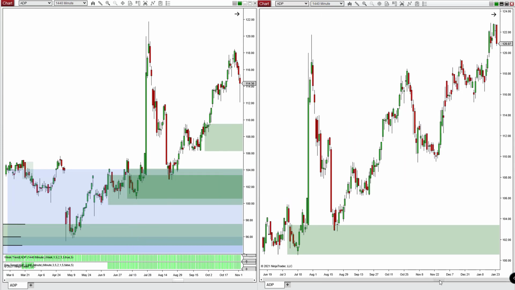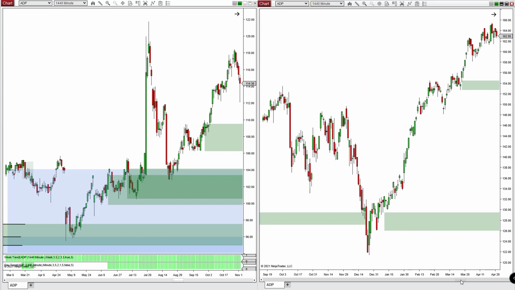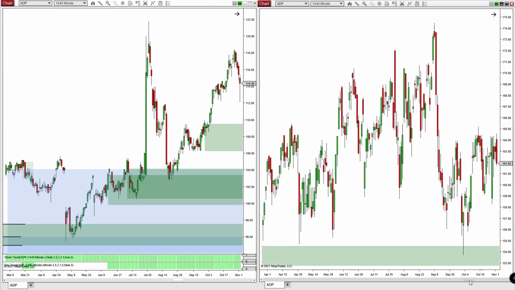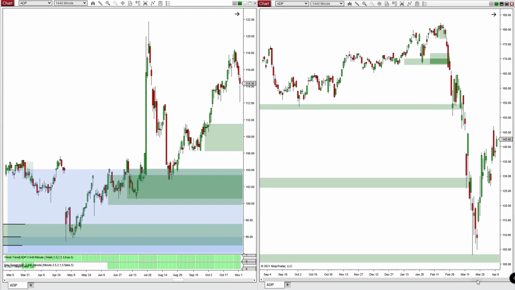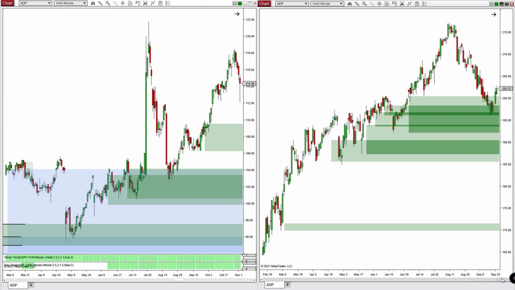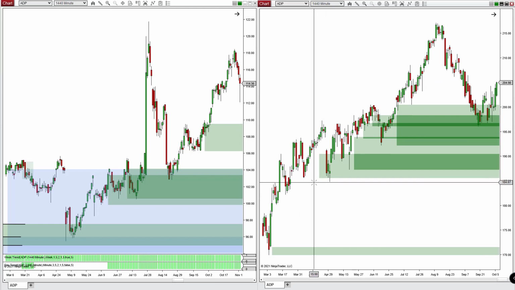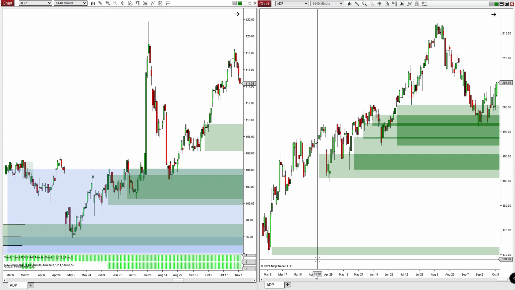So you can see you get a much cleaner chart, much better action, fewer trades. Right? So that's the whole purpose of the overlap and the pro version. Now, there's more. Okay?